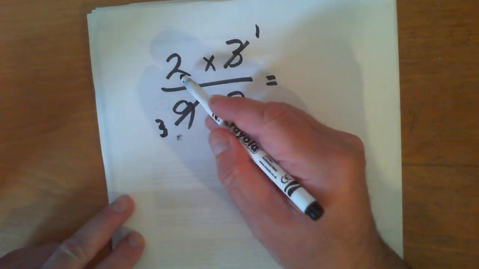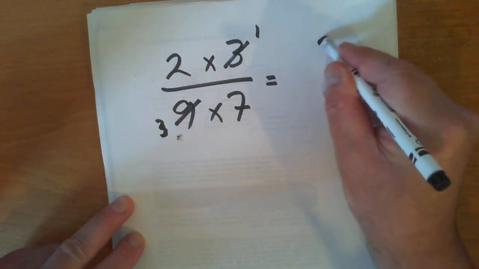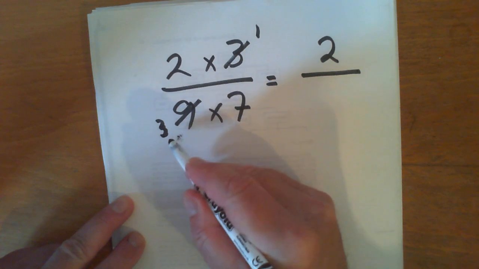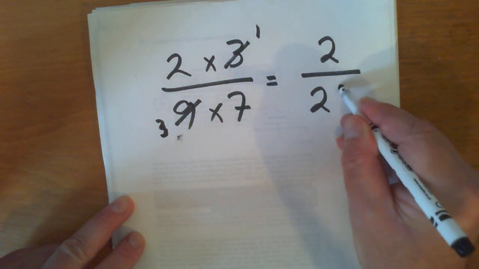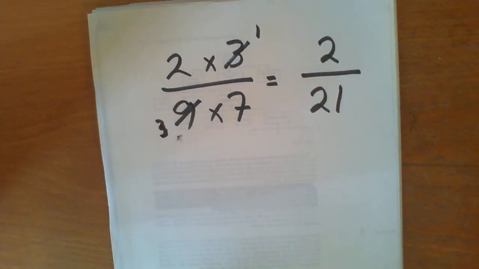So I'll just now say 2 times 1 is 2, and 3 times 7 is 21. And yeah, that is automatically in its lowest terms. 2 over 21 cannot be reduced any further.